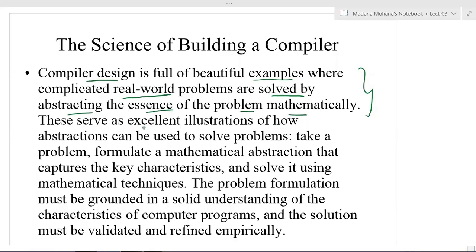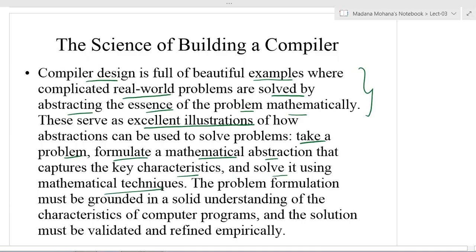These serve as excellent illustrations of how abstractions can be used to solve problems. The main idea is to take a problem, formulate a mathematical abstraction that captures the key characteristics, and then solve it using some mathematical techniques.